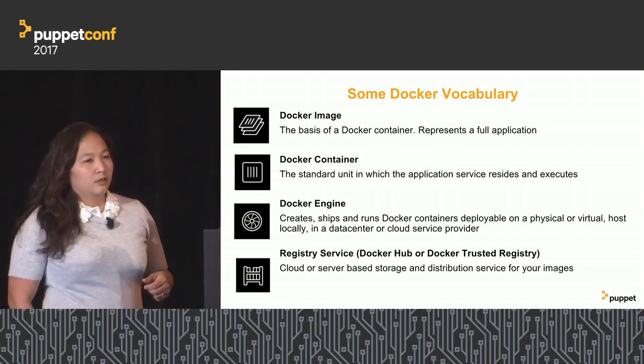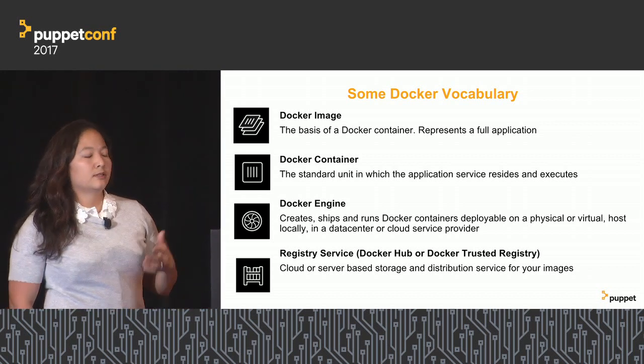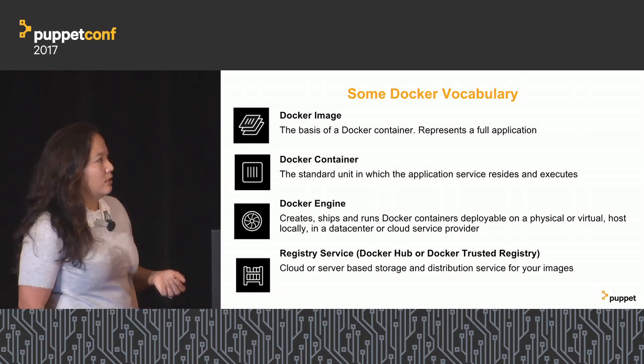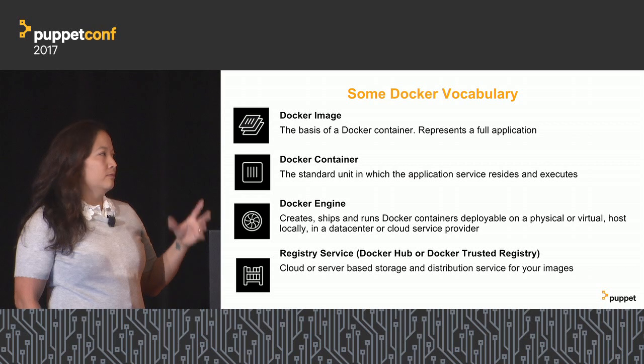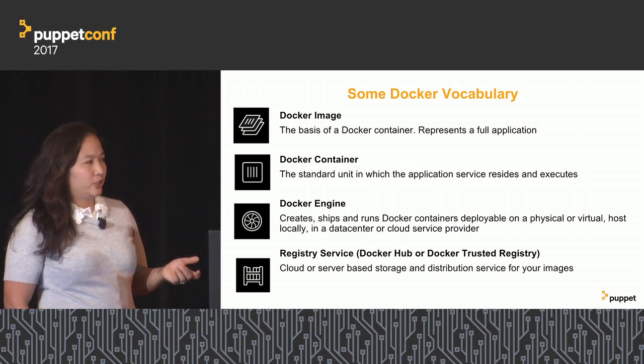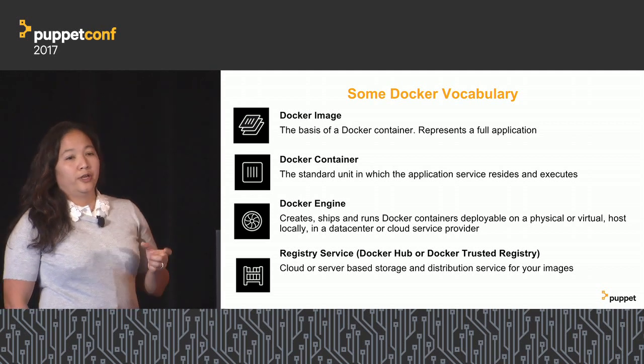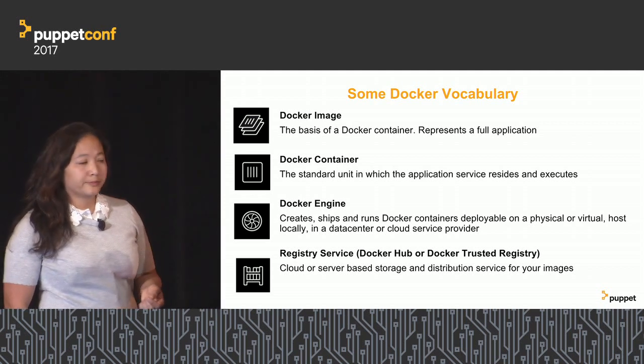And then finally, the Docker registry services, like our Docker Hub, is where you store your images. Now, we have the Docker Hub, which is like a Git repo for images. But you can also, and probably your companies are running trusted registries, where you have your own private images hosted.